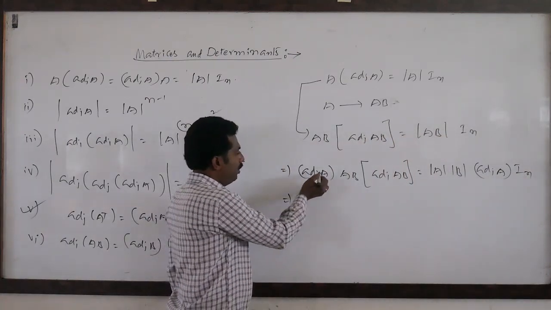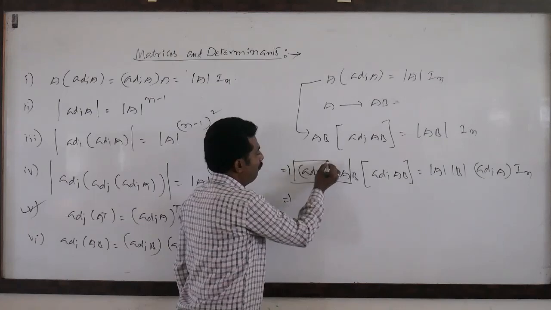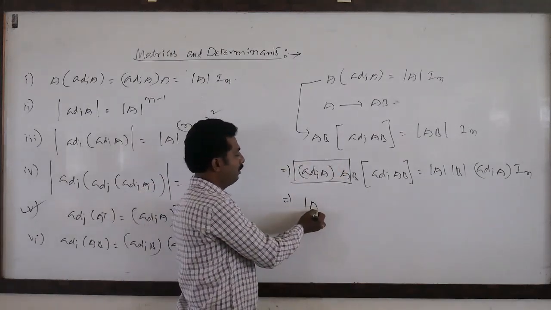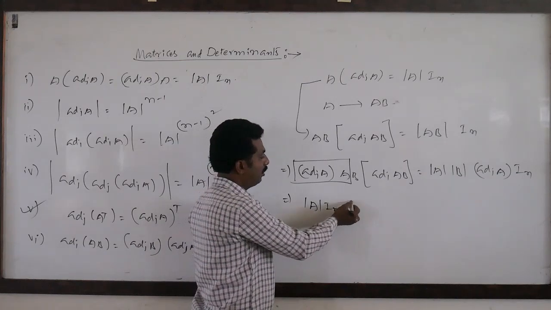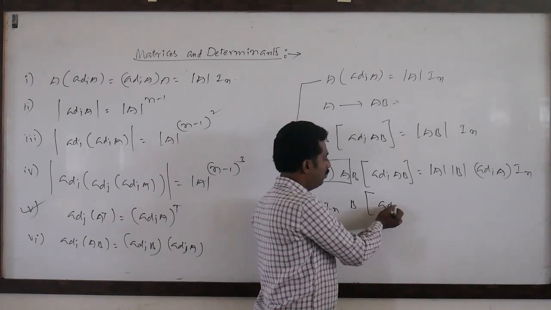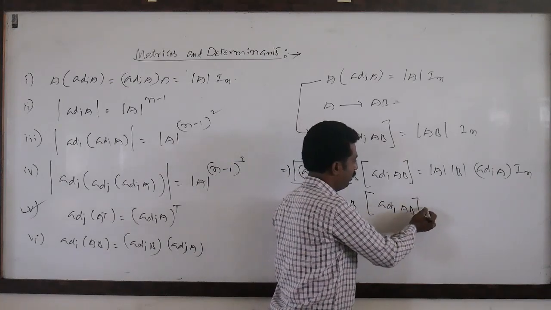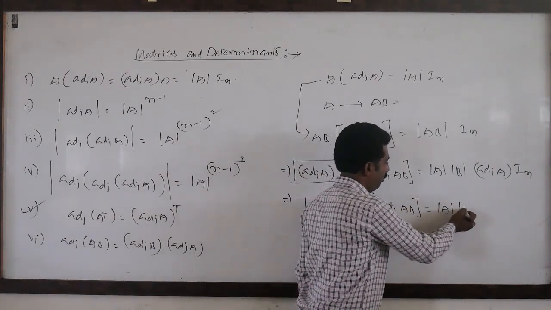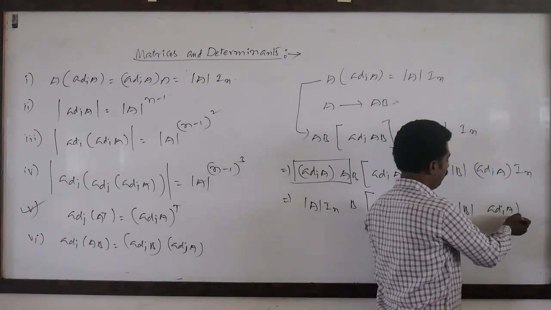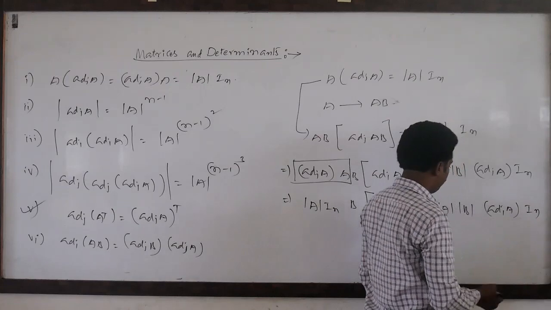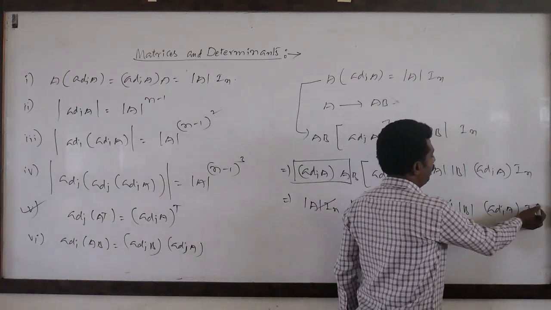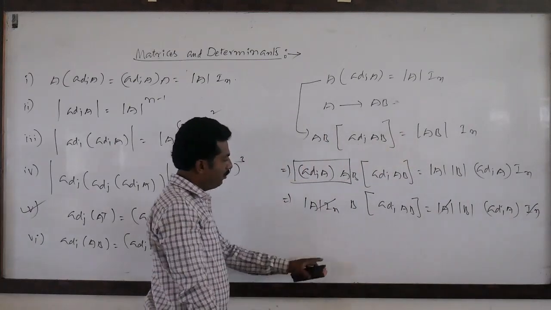You observe A into adjoint of A into A, what can we write? Determinant of A into In into B, into adjoint of AB. So this is determinant of A into determinant of B into adjoint of A into In. Very clear, det A cancels.